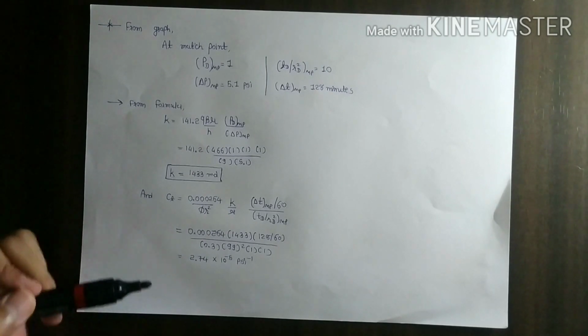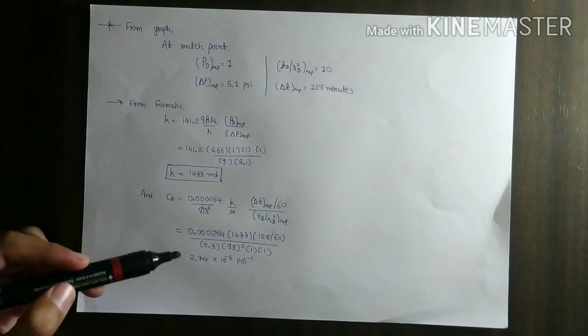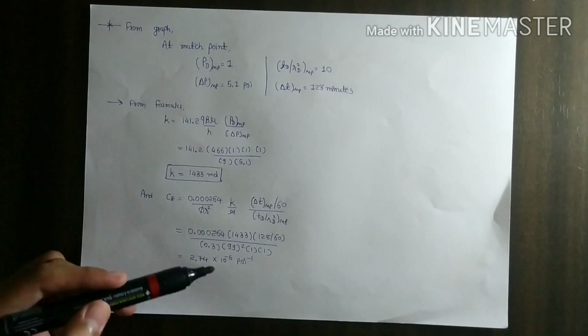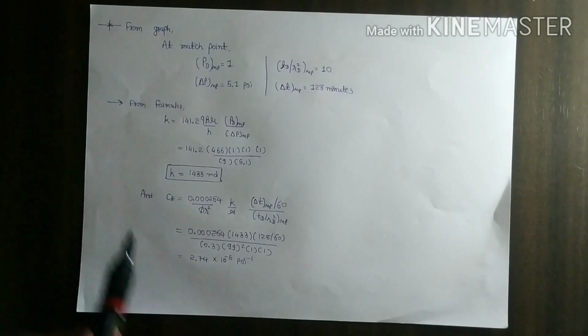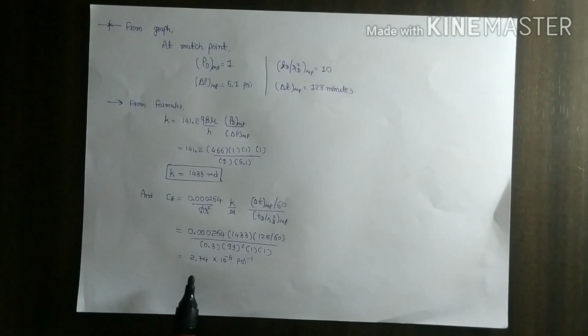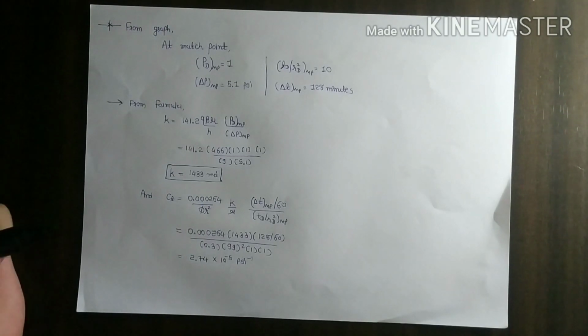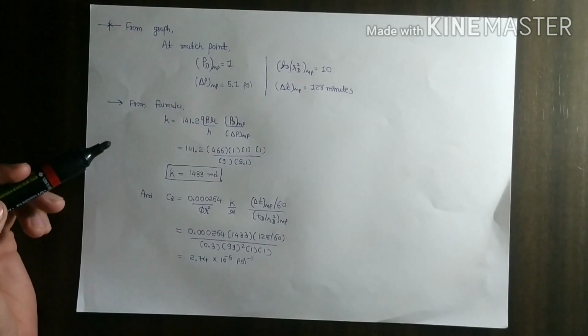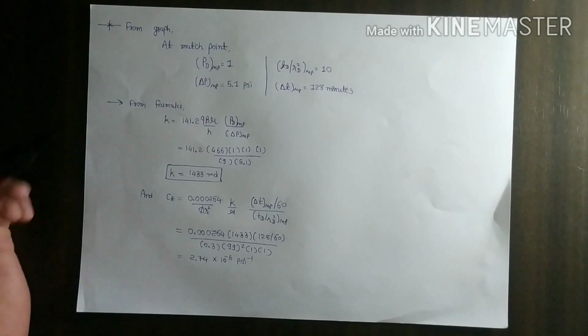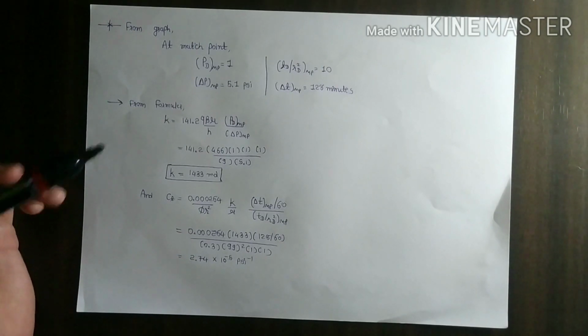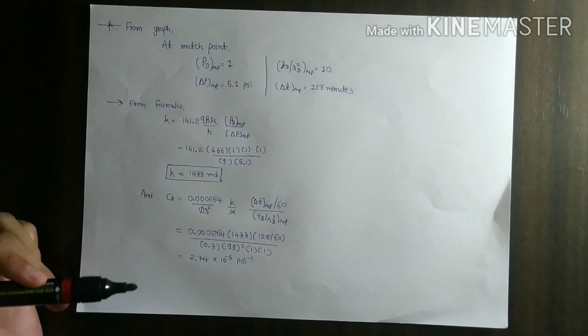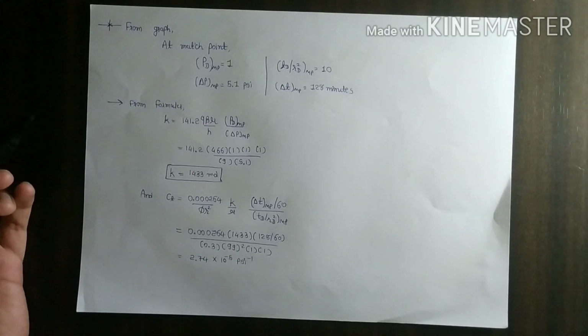From all of these values, we input the values and we get the value of total compressibility equal to 2.74 into 10 raised to minus 5 psi inverse. With this we conclude that for an interference test we are able to measure permeability and the total compressibility value by using the type curve method.